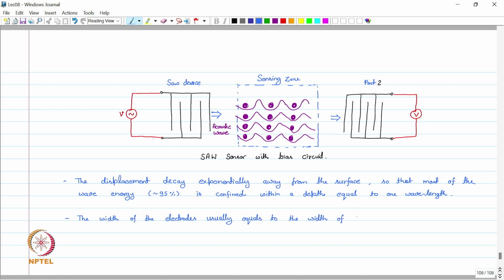The width of inter-electrode gaps, giving the maximum conversion of electrical to mechanical energy.